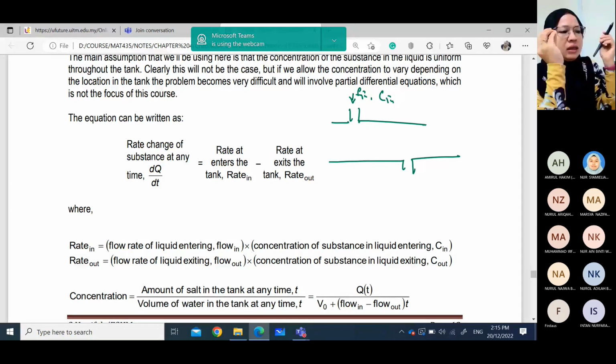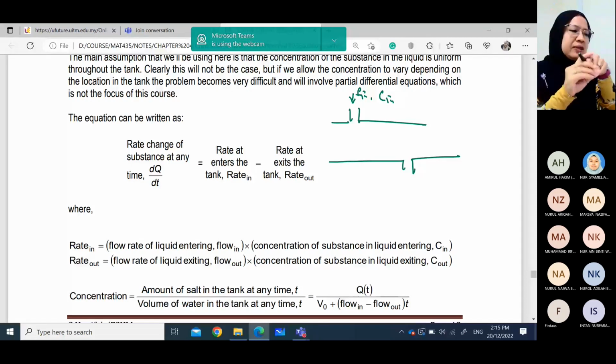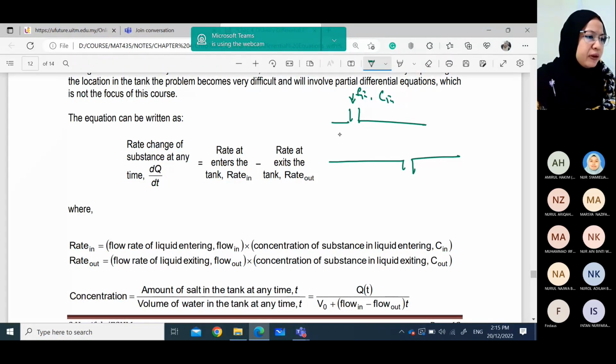C in is the quantity of salt that we add together. That we call C in. Alright, in this tank we have a liquid. Say we have pure water, or oil is also possible. So this is the liquid in the tank. And at the same time, it has a flow out, and also concentration out.